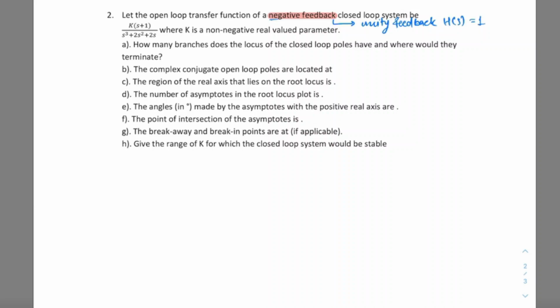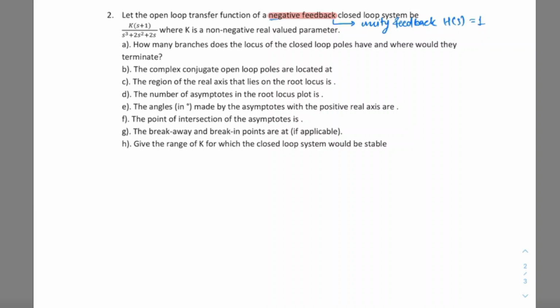The complex conjugate open loop poles are located at, the region of the real axis that lies on the root locus, the number of asymptotes in the root locus, the angle in degrees made by asymptotes with the positive real axis, so we'll find out those angles. The point of intersection of asymptotes, the breakaway and break-in points, if at all applicable, and we'll find out the range of k for which the closed loop system would be stable.